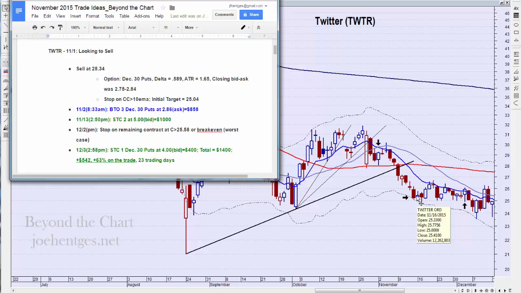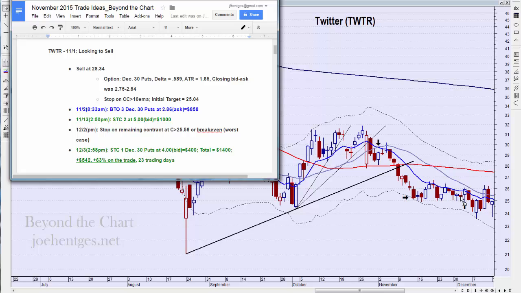And actually, I think what ended up happening is I actually should have exited right here at a close greater than 25.58. And I think what we did on this, we kind of spaced out, honestly. And I really should have exited right here, and it would have gotten more than the 4 that I got. And we ended up staying in this and tried to ride it with the consecutive closes above the 10.